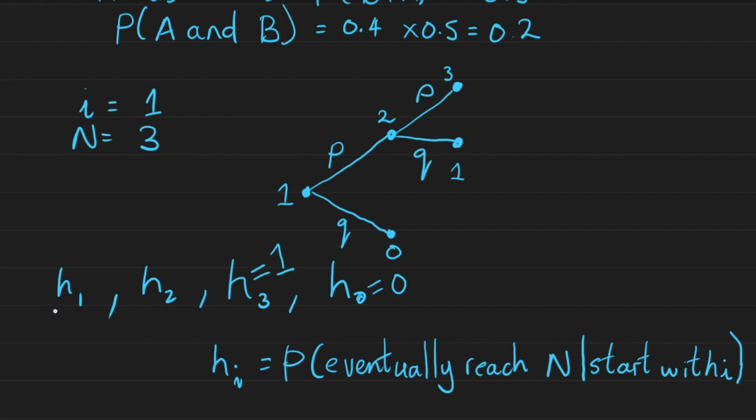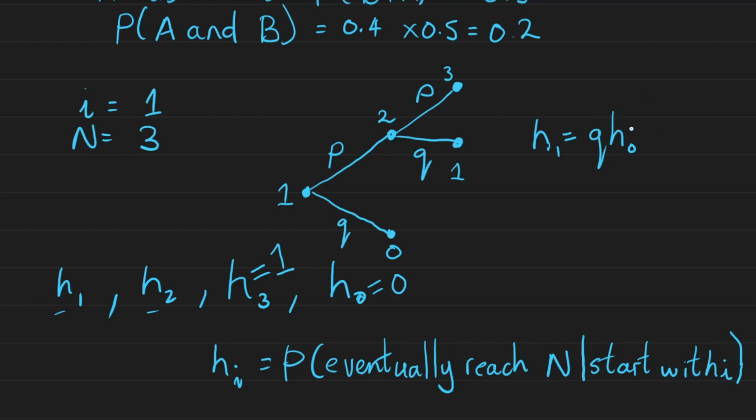So we can write equations for H1 and H2. What is H1 equal to? H1 is the probability of reaching $3, given that we had started off with $1. Firstly, this would be the probability of reaching 3 from 0, because this is this branch of the tree. So it would correspond to Q times H0.